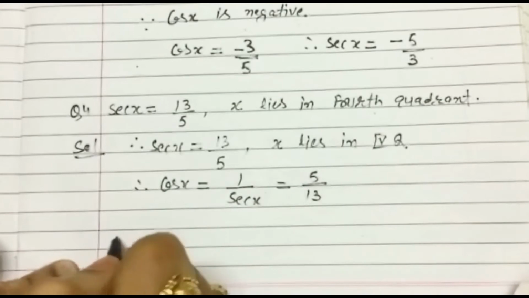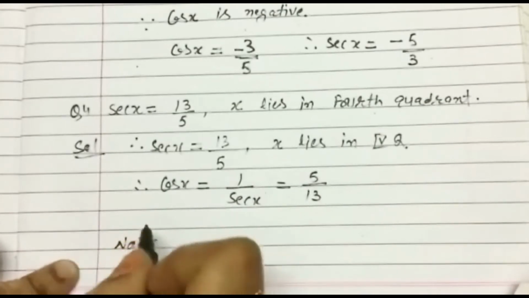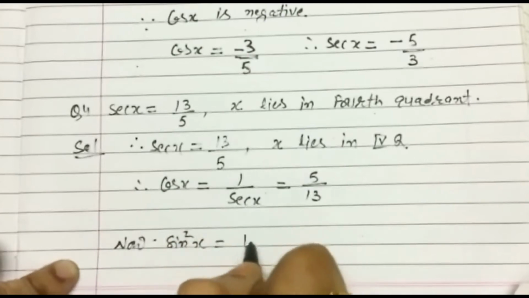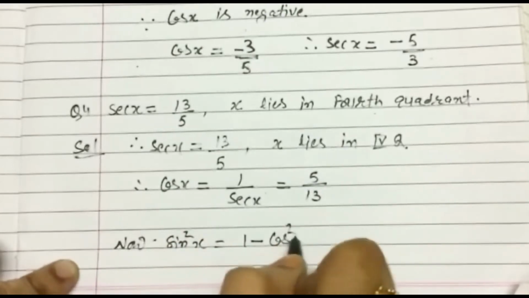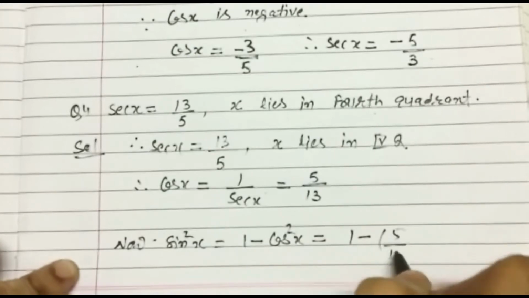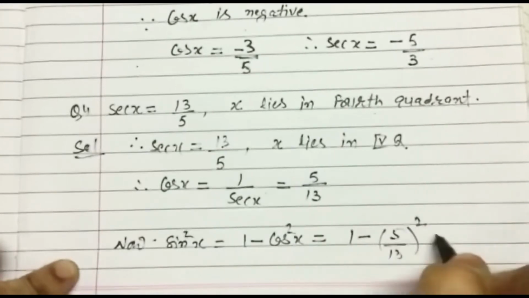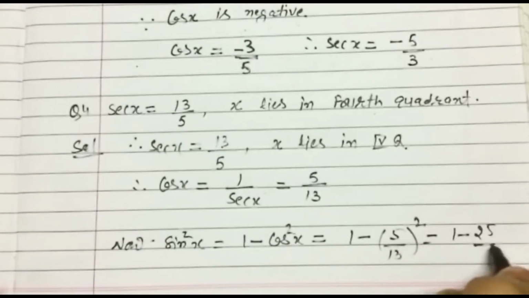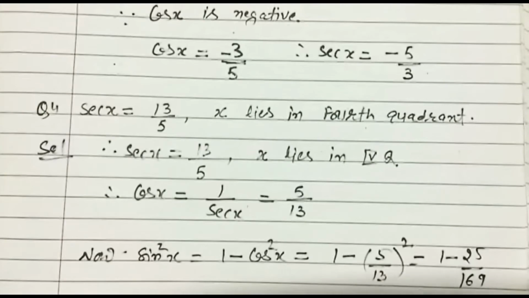Now sin square x is equal to 1 minus cos square x. So it's 1 minus 5 by 13 whole square. You will get 1 minus 25 by 169. Now move ahead.